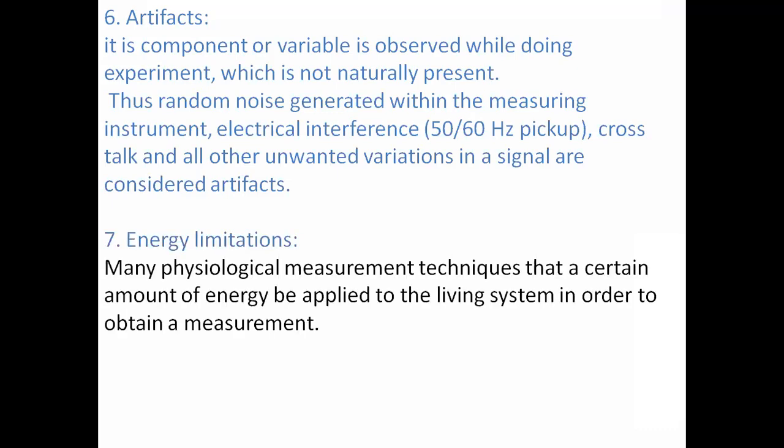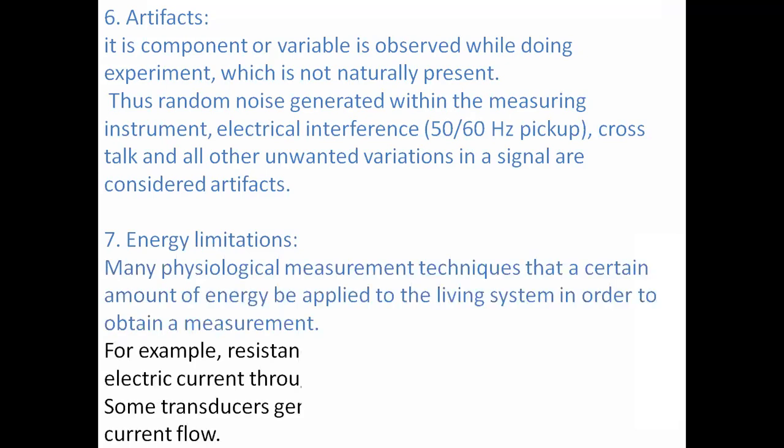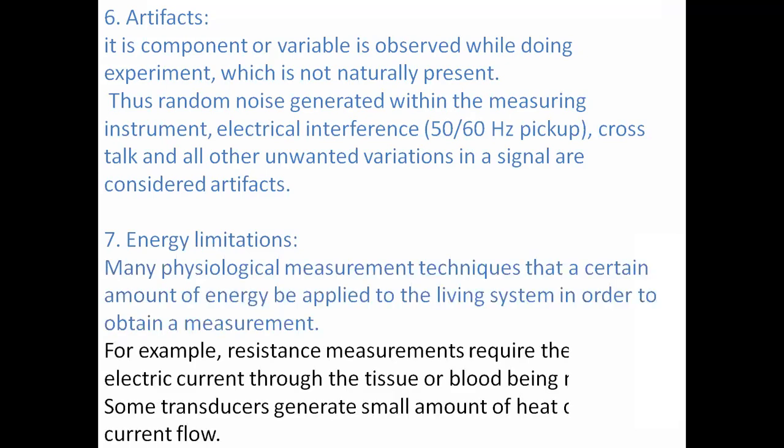We should know how much energy to apply to the patient. While measuring resistance, it requires some flow of electric current, and we should know how much current should be applied to get that information. So we should know all the energy limitations. These are some of the problems.